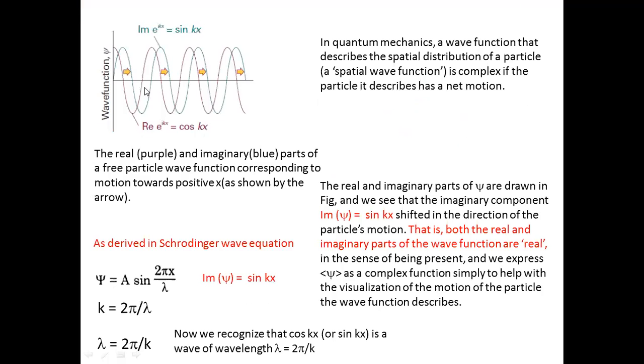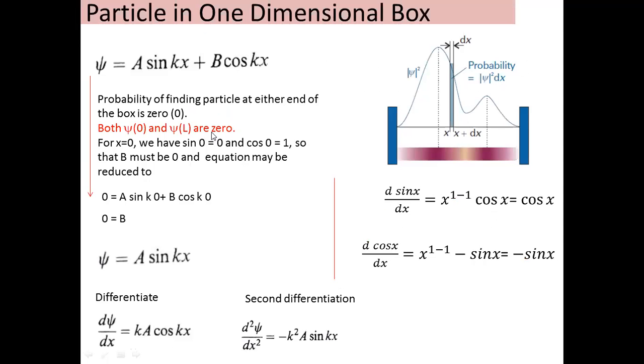The total wave function will be the sin kx plus cos kx, because one is the imaginary and the other one is the real. The total wave function will be the sum of the wave functions of sin kx and cos kx. That's why I have put psi equal to a sin kx plus b cos kx. So how is it going to be converted into this form?